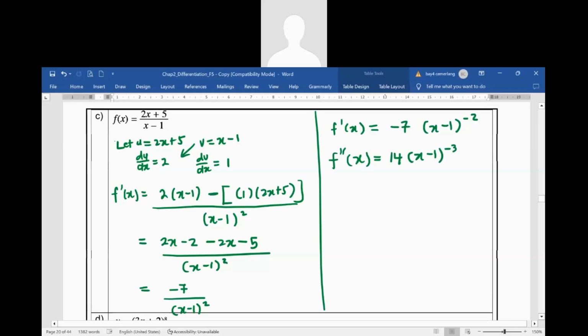So we are already done with differentiate outside. How about differentiate inside? You differentiate x, you get 1. The 1 doesn't need to be written, but you can write it if you want. So 14 times 1 is 14. So 14 over x minus 1 cube. So that should be the answer.